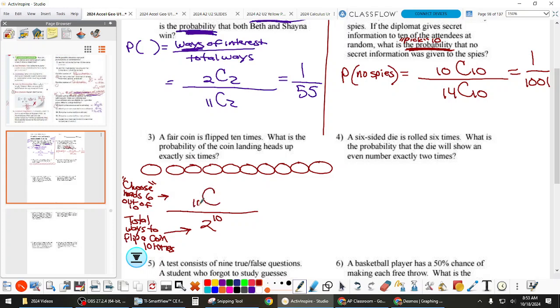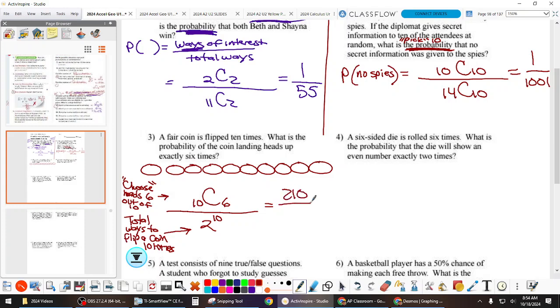And then we have 10 quarters that we're looking at, and we want 6 of them to be heads. So if you think about them landing on a grid, maybe it's the left 3, the middle 3, whatever. Maybe it's the top 3 and the bottom 3 or something. Okay? So what is 10C6? 210.